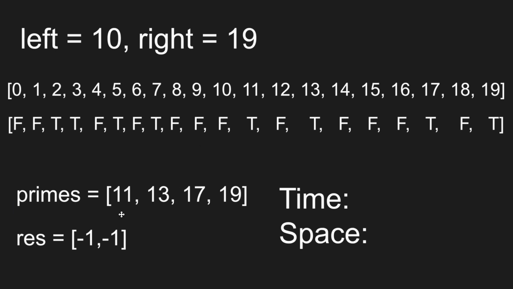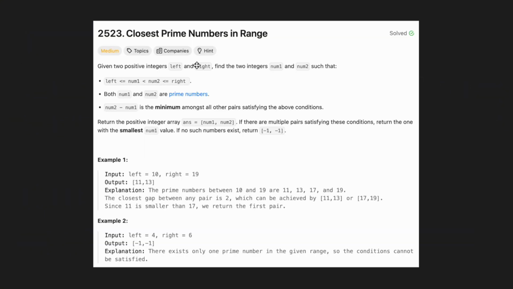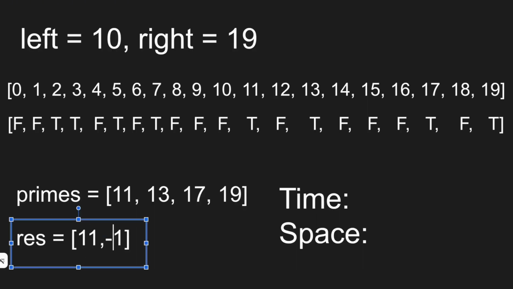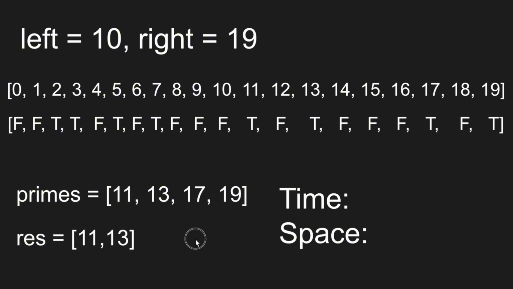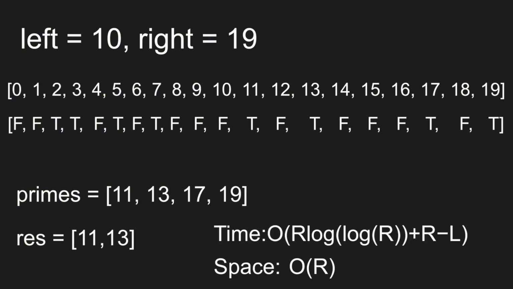Then we will compare the difference between each pair and see which is the smallest. The smallest for this example would be 11 and 13, or 17 and 19. But as the problem states, if there are multiple pairs satisfying these conditions, return the one with the smallest value. So we will return 11 and 13, and that would be our result. The time complexity of this problem would be O(r log r + right - left), where r is the number on the right.